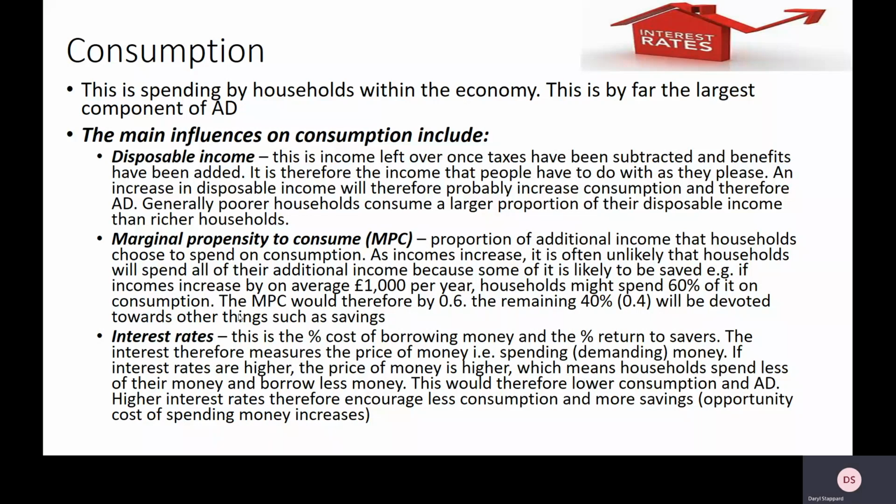So let's say, for example, people received a pay rise or had more disposable income. What we're looking at here is what proportion of it people would devote towards buying extra goods and services instead of saving that money. If we were to have an increase in people's marginal propensity to consume in the economy, then it will mean that we're going to get a more significant increase in consumption.